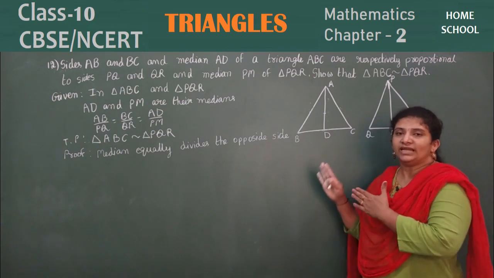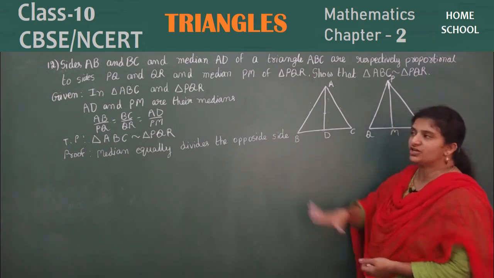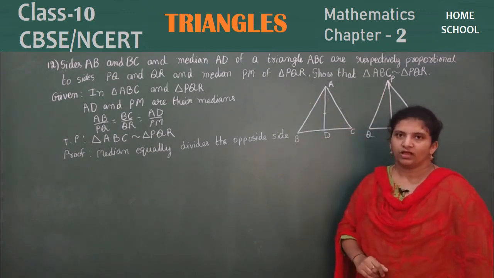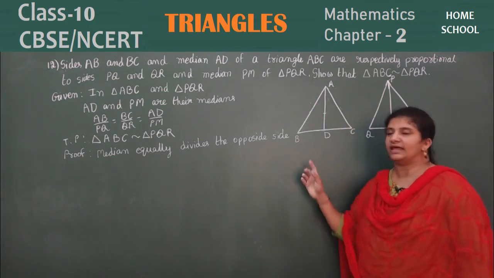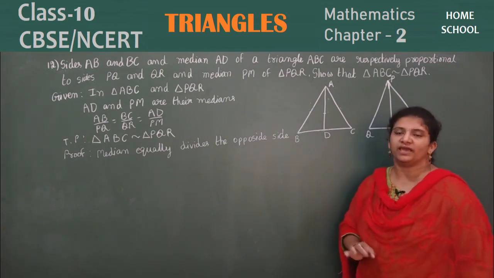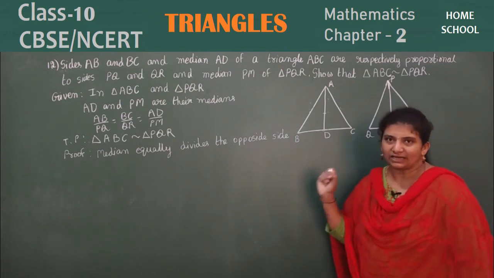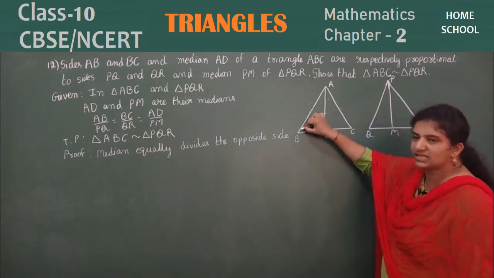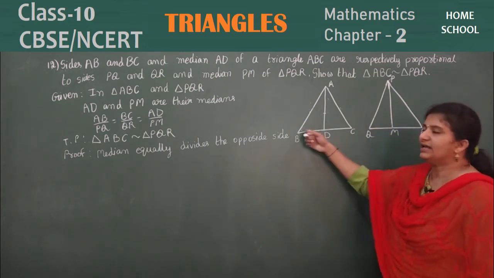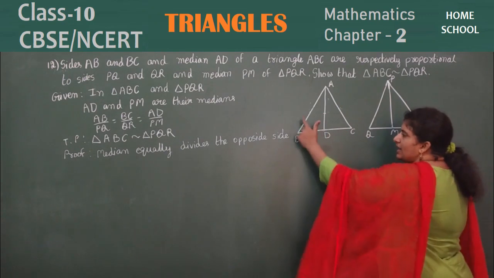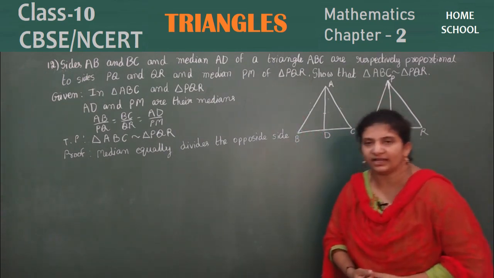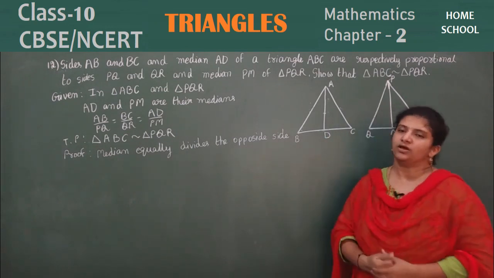So we try to bring the ratio in such a way that these two triangles will be similar. If they are similar, then their corresponding ratios will be proportional and angles will be equal. My target here is to make this angle and this angle equal. If I can make this angle equal, by SAS similarity criteria, I can prove this problem.